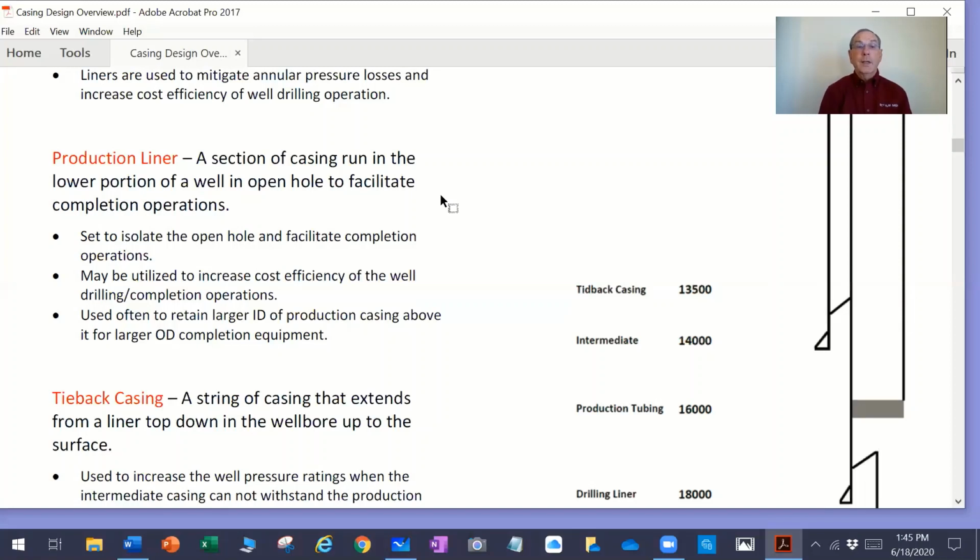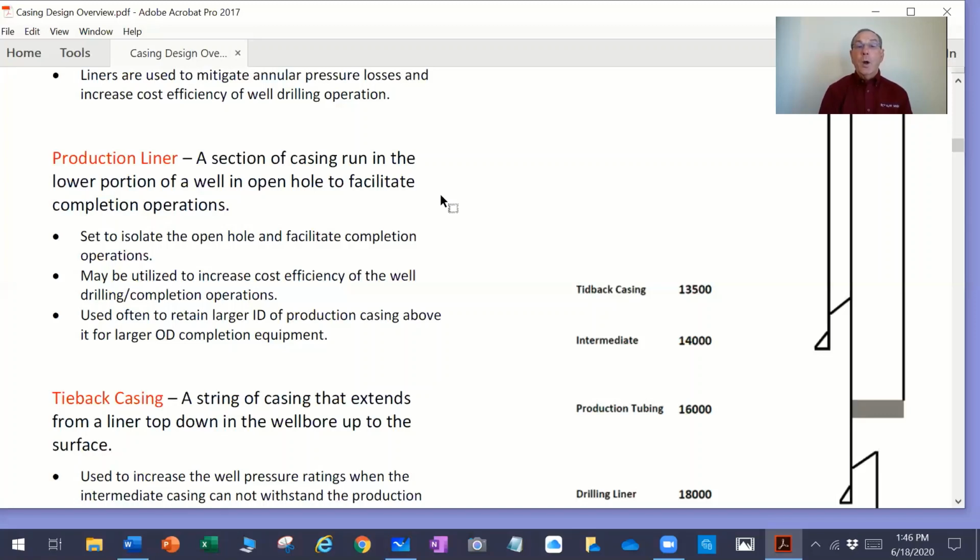And we also use production liners to retain a larger ID of the production casing above that liner for larger OD completion equipment. So an example with that would be a subsurface safety valve. So we might run, say, 3.5 production tubing in the well, and we only need a production liner that can accommodate the packers and the equipment for 3.5 tubing.